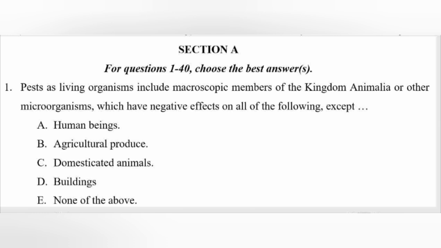So for today's 40 questions that we seek to solve, let's take note of the instruction. It reads, for questions 1 to 40, choose the best answer. Check in the bracket, we have S. So it means that I can read our instruction this way. For questions 1 to 40, choose the best answer or answers. What is the clue here?